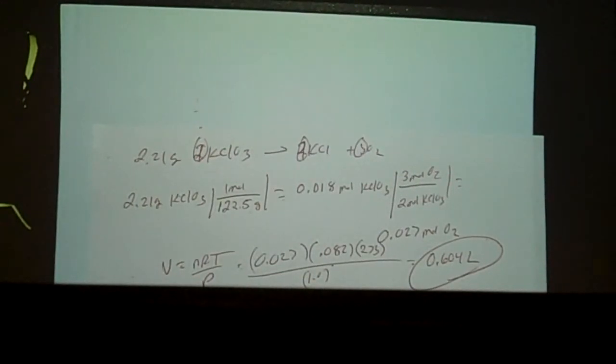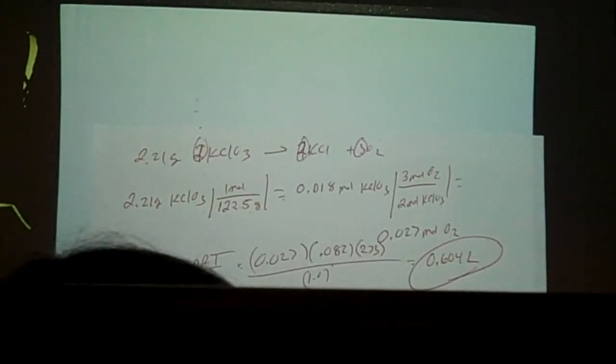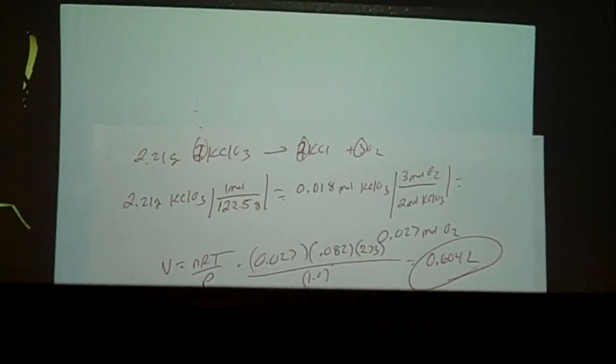What is the capacity of Lindsay's lungs? We'll do it at STP, standard temperature and pressure, the same temperature and pressure we are at here. So go backwards. This is a great question. Now, I got to go to the store to get some KClO3. Exactly how many grams do I need to decompose so I can produce enough oxygen to fill up 3-liter containers at standard temperature and pressure?